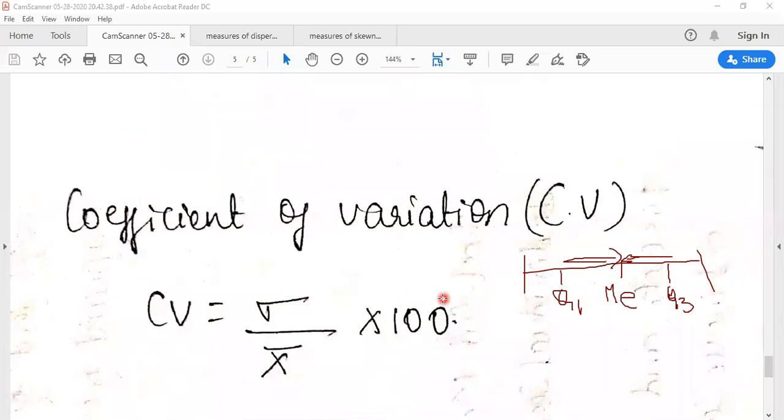But in dispersion, we have 4 major measures which you have to remember and also understand every formula there. Please analyze the question to see which formula is supposed to be used to do the problem. So this is your complete chapter of measures of dispersion and measures of skewness.